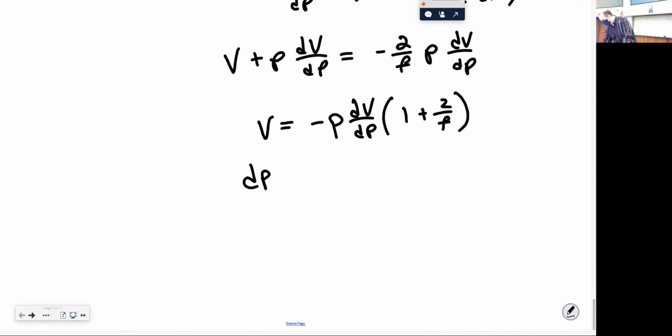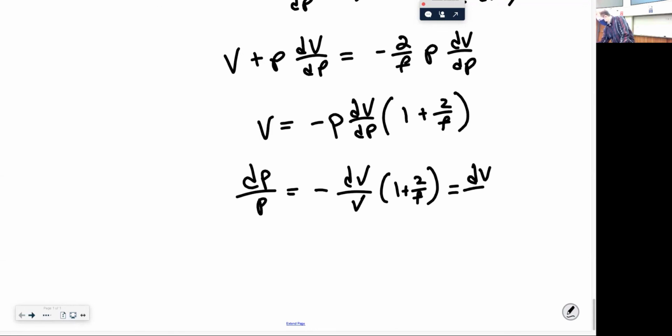We get dp over p equals negative dv over v times 1 plus 2 over f. Let's just expand this thing out. I'll do the intermediate steps. Negative dv over v times f over f plus 2 over f, and then we can make a common denominator.